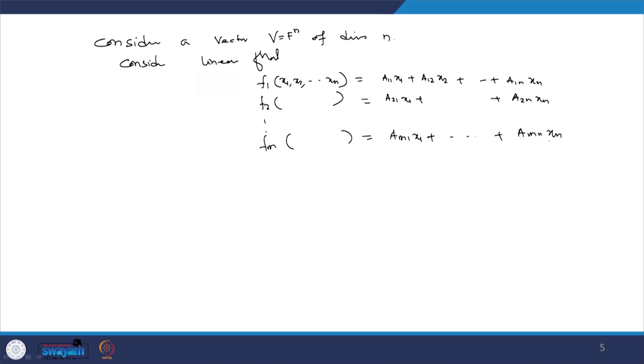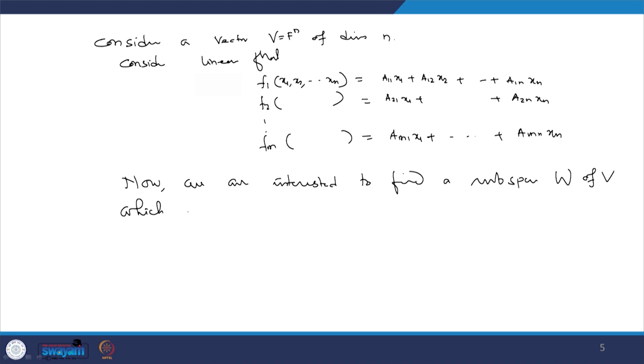So, m linear functionals are given to us which are defined over the vector space V. Now, we are interested to find a subspace W of V which will be annihilated by m linear functionals. How to find it?